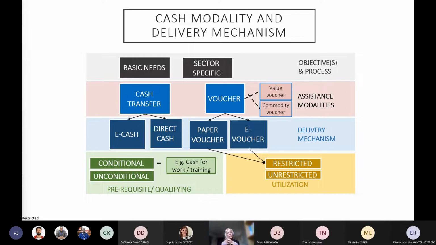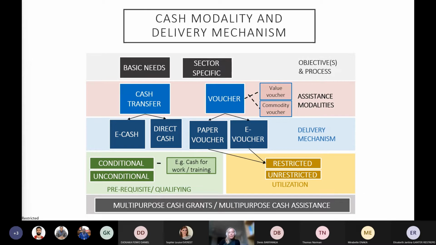And then we build in awareness raising activities on that to try and sensitize them to buy according to our expectations. But if they don't, we can't really go in and stop them, because we have decided to give them an unrestricted cash modality.